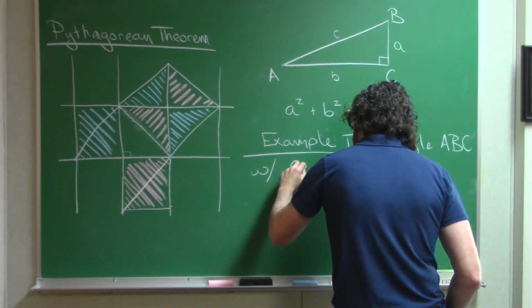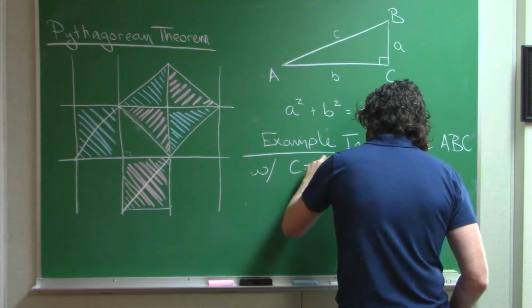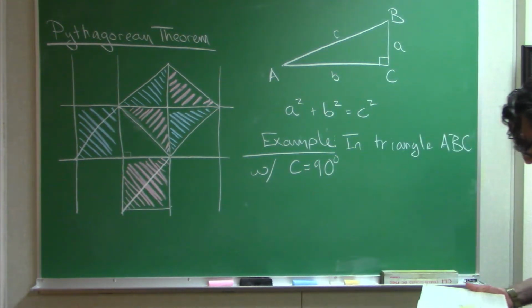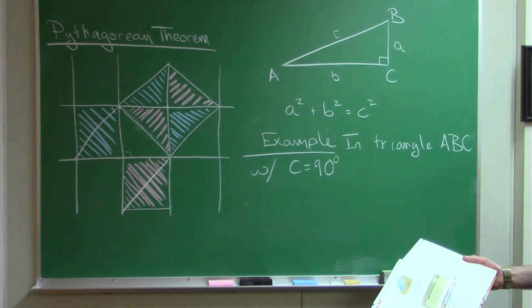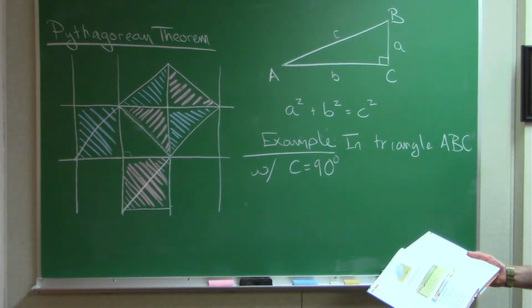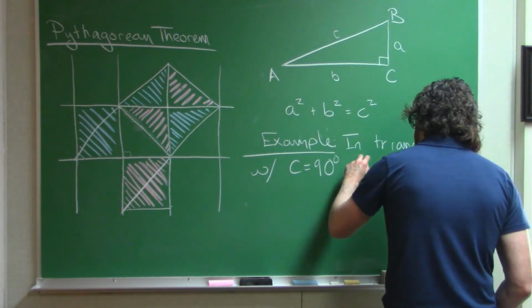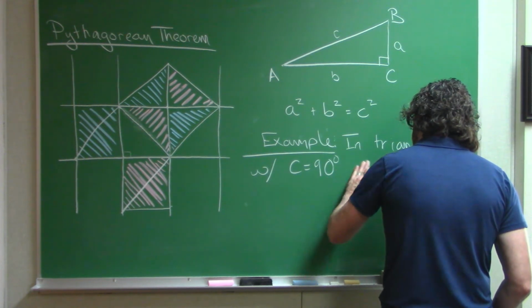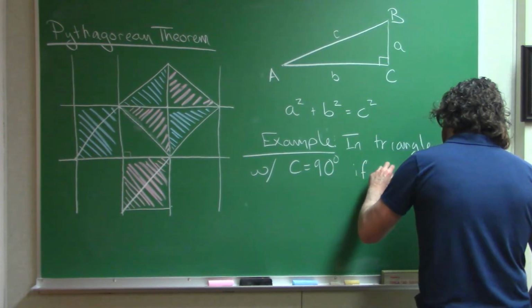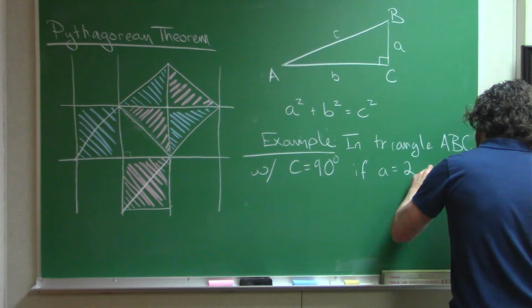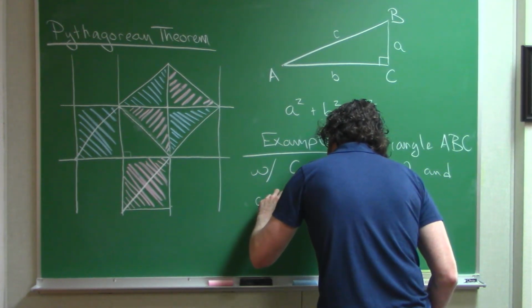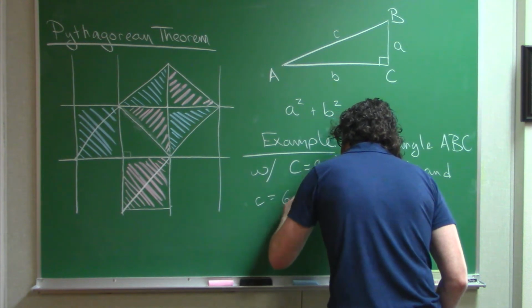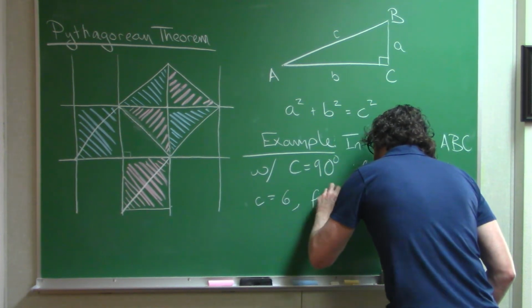with C equals 90 degrees, so angle C is 90 degrees. Let's work one where we have this. Let's say a equals 2 and c equals 6, find b.